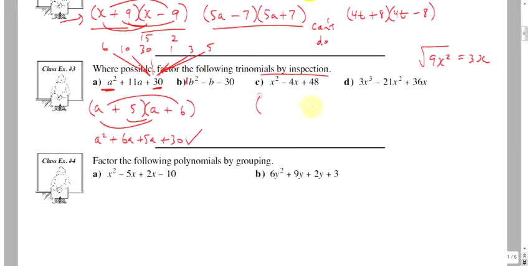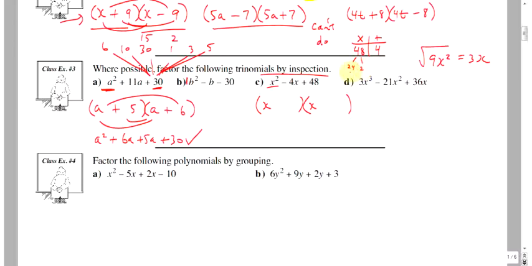Let's do this guy. What times what is x squared? X times x. Now 48. How do I get to 4? And if you want to do this, what multiplies to 48 and adds to 4? What two numbers? Because I got lots of options for 48, right? 48 times 1, do those add to 4? No. 24 times 2?